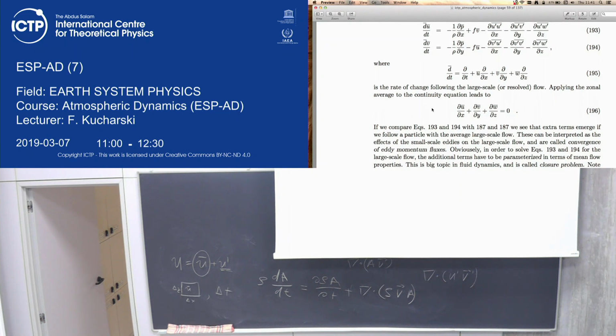So this problem is called the closure problem. We have a set of equations for our mean quantities, but if we think that these additional effects of this unresolved flow on our mean flow are important, then we have a closure problem. We have to parameterize these terms. One parameterization could be to say, oh, they're 0. Let's see what we get. Then we are back to our original equation where we haven't applied any averaging operator in principle.